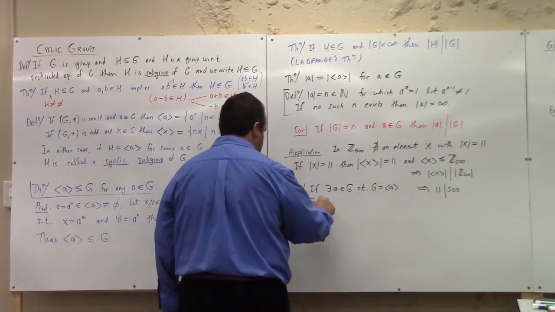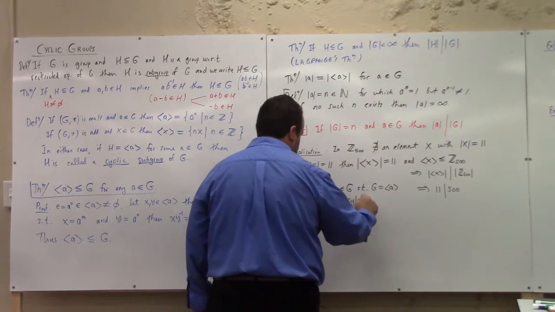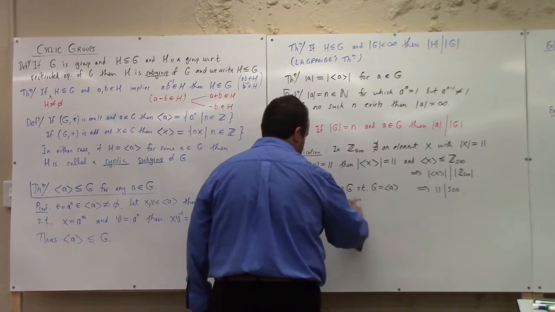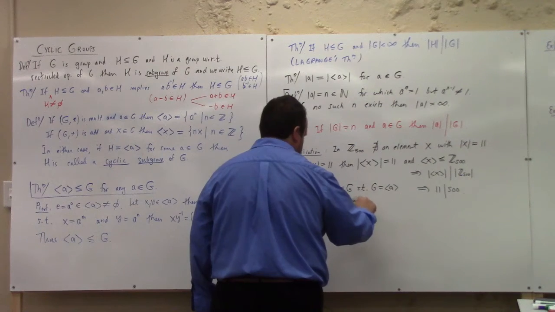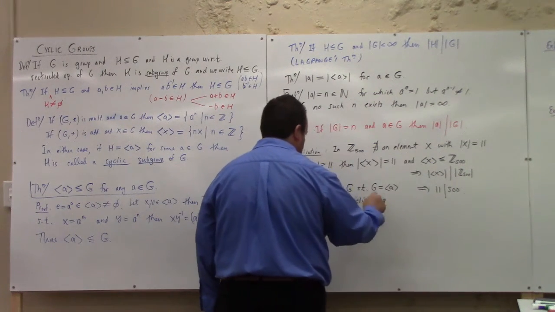Then G is a cyclic group with generator A, right?